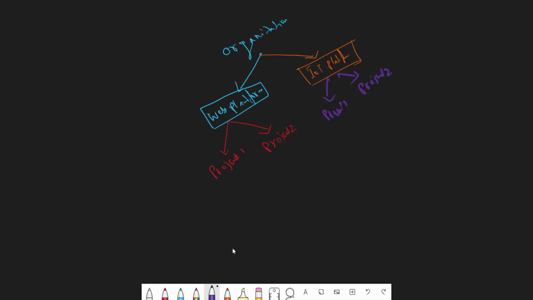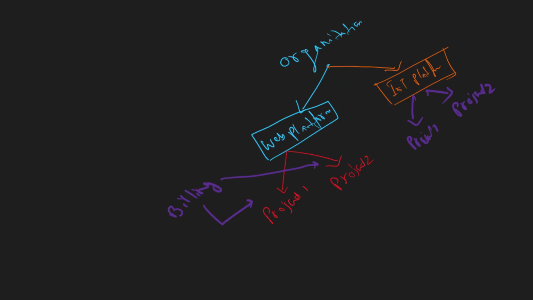No matter how you configure the projects and the folders, you can have the billing account associated with projects, and you can similarly have multiple billing accounts to map within your Google Cloud Platform.